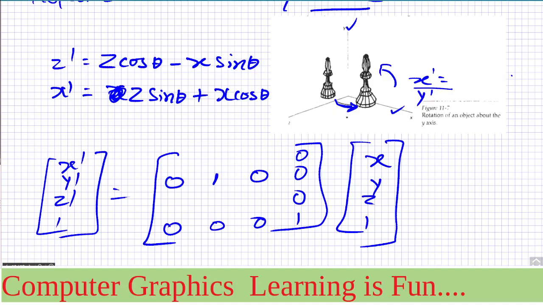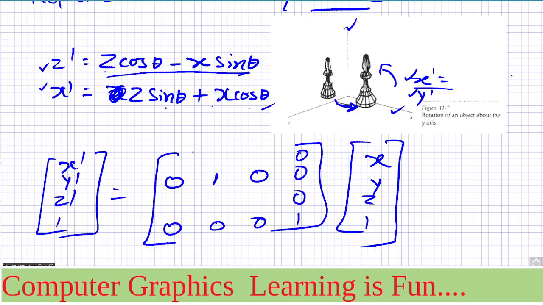Similarly, here the object is moving from z to x. Earlier it was going from x to y, so x came first and y second. Here z comes first and x second. So it will be z cos theta minus x sin theta, z sin theta plus x cos theta. Now we have to put this here.